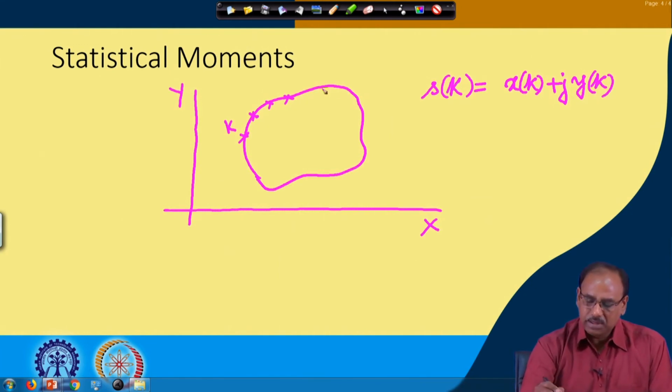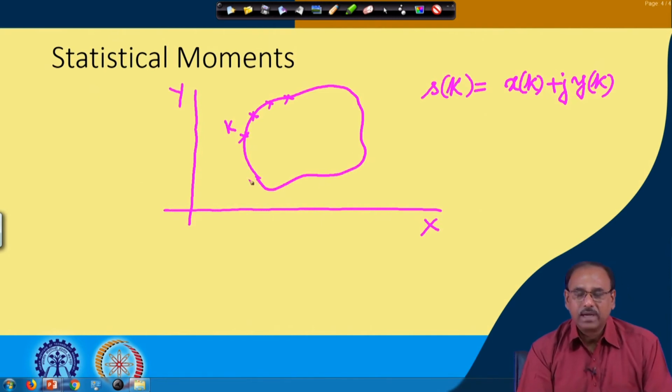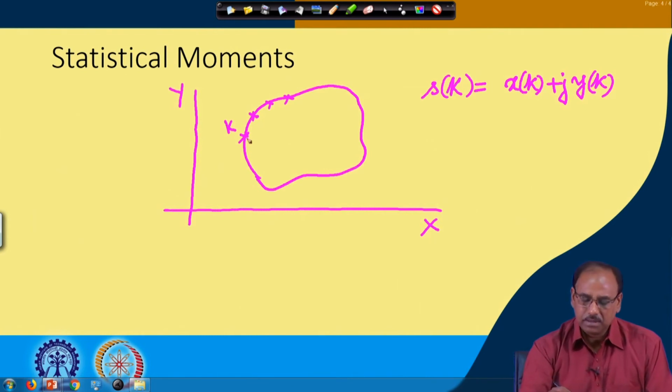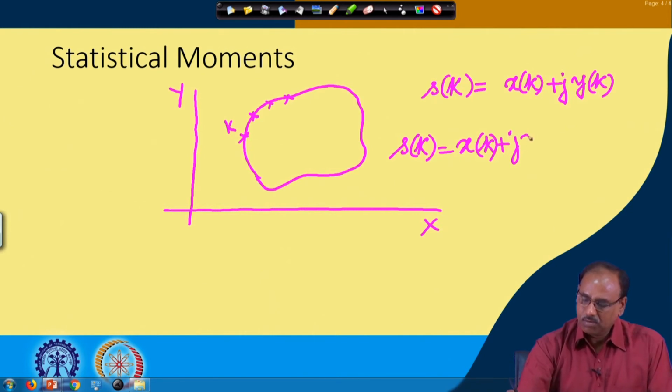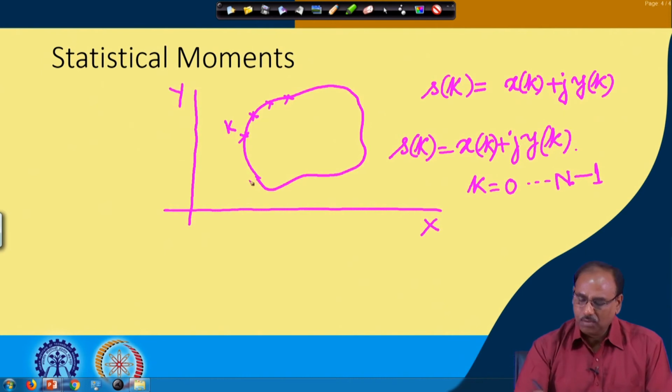So, when I consider all these different points on this boundary, what I get is a sequence of such complex numbers. So, you remember that all these points are to be represented as a sequence. So, I get a sequence of complex numbers which is given by S k is equal to x k plus j times y k, where k may vary from 0 to capital N minus 1, where I have total number of points on this boundary which is capital N.